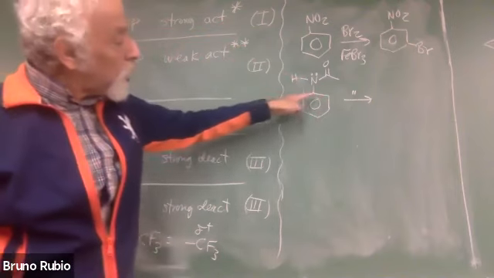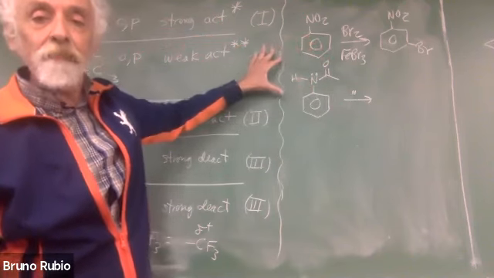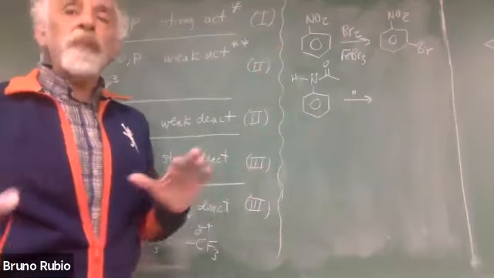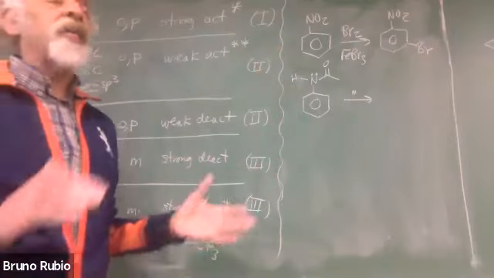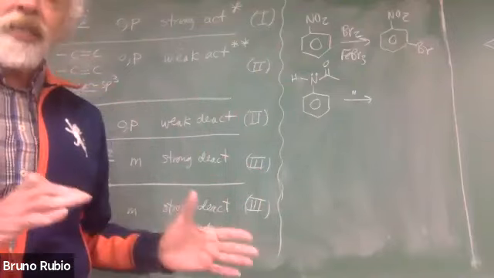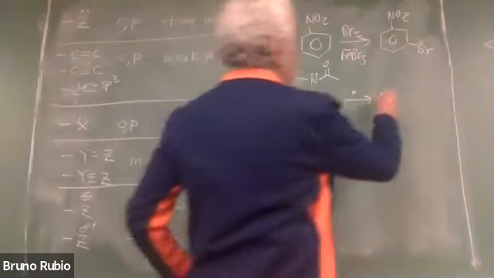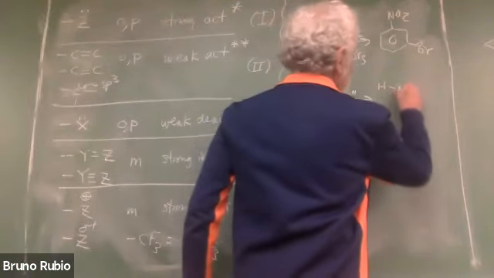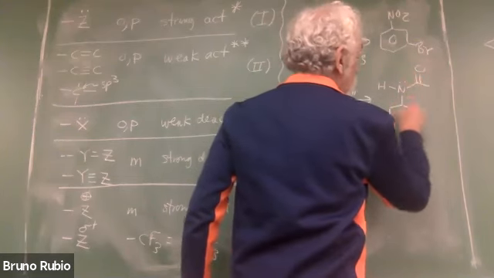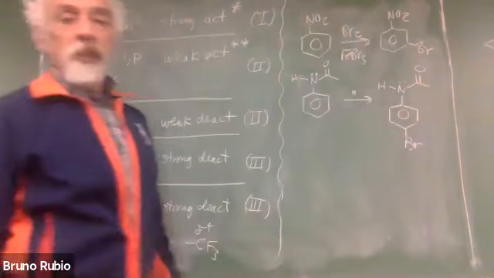But because the ortho positions are screened sterically by the pre-existing substituent, when you're dealing with an ortho-para director, the major product is nearly always going to be the para substitution product for steric reasons. So the major product here is going to be the para substitution product. So something like that.